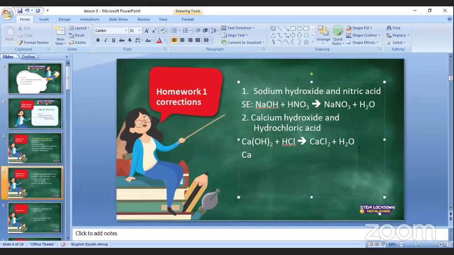It is important to make sure that you balance your equation at all times, grade 9. When we're balancing the equation, we're saying the atoms of the reactants should equal the atoms of the products. I want us to balance it together so that you can now know how to balance the equation. We've been doing that the whole week.